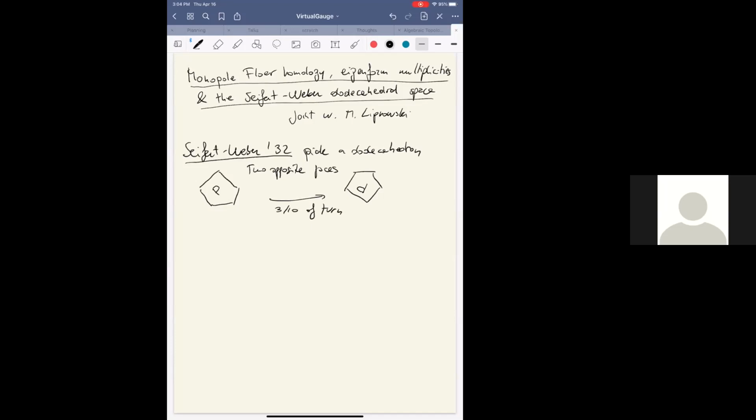What you get is a manifold, and around each edge, five copies of the dodecahedron come in. So you have five incident copies.